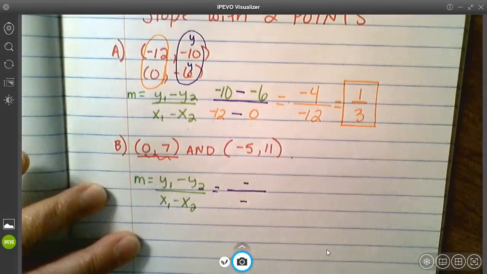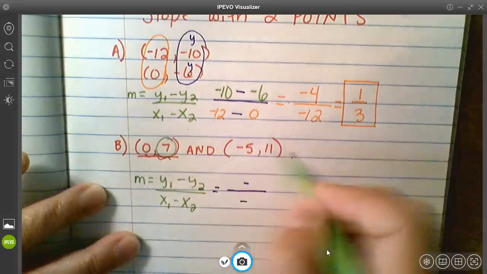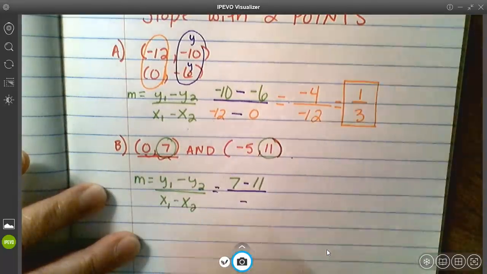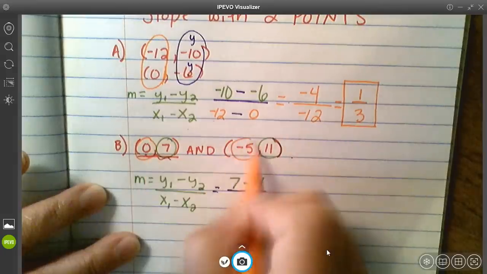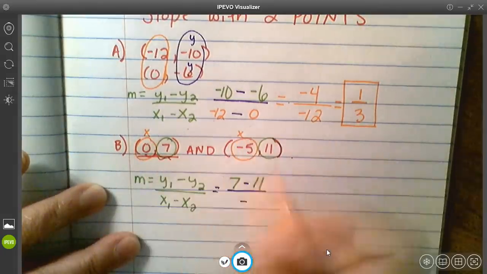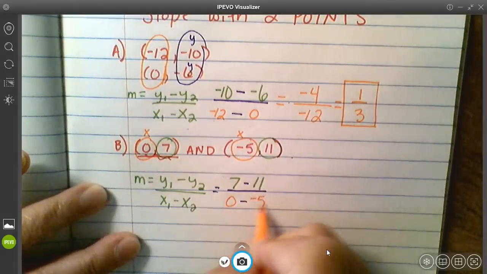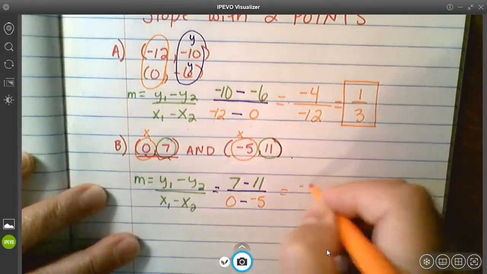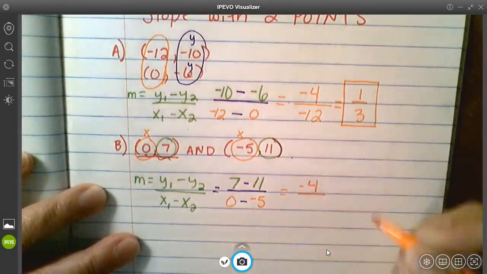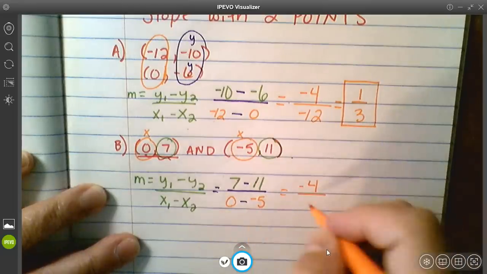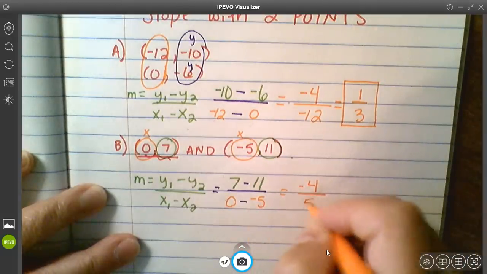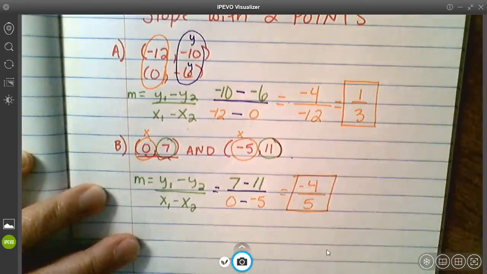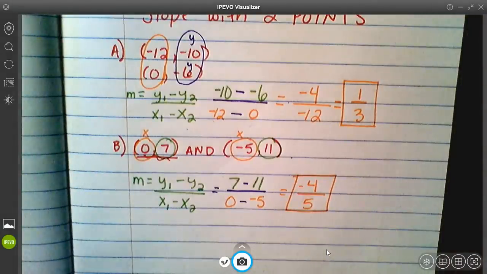So what are my y's? 7 and 11. And what are my x's? 0 and -5. So what happens here? 7 minus 11 is -4. 0 minus the -5 is a +5. And that does not simplify. You can put it in your calculator to find out. So there's my slope for that one.